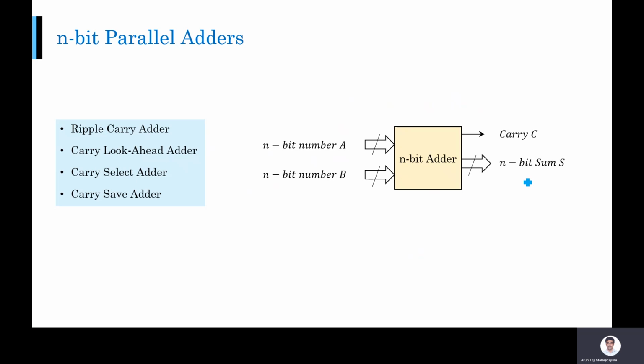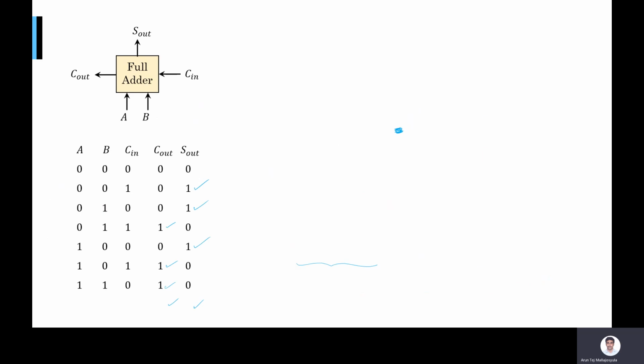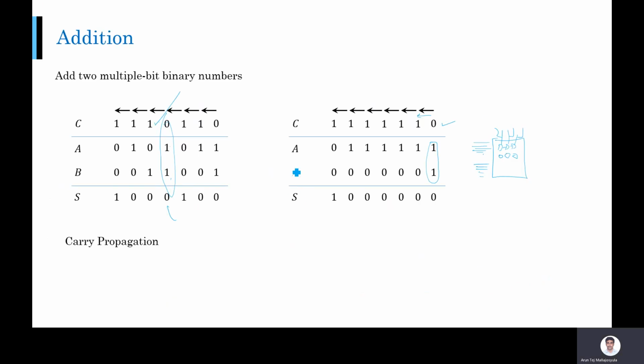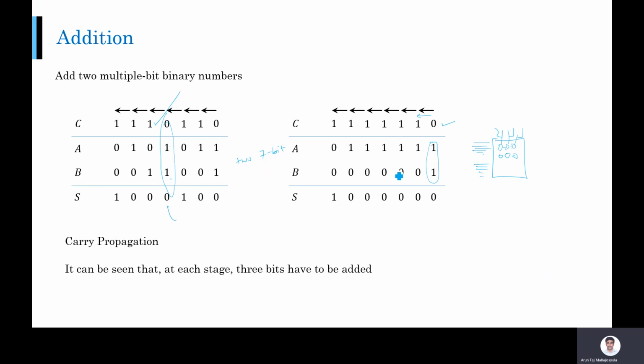Right. So now we will look at what are called n-bit parallel adders. So what you are doing is, as I have shown in the previous example, with 7 bits, I have 7-bit numbers, 2 7-bit numbers I'm adding, A and B, right? So at each stage I require a full adder, right? At each stage I require a full adder.